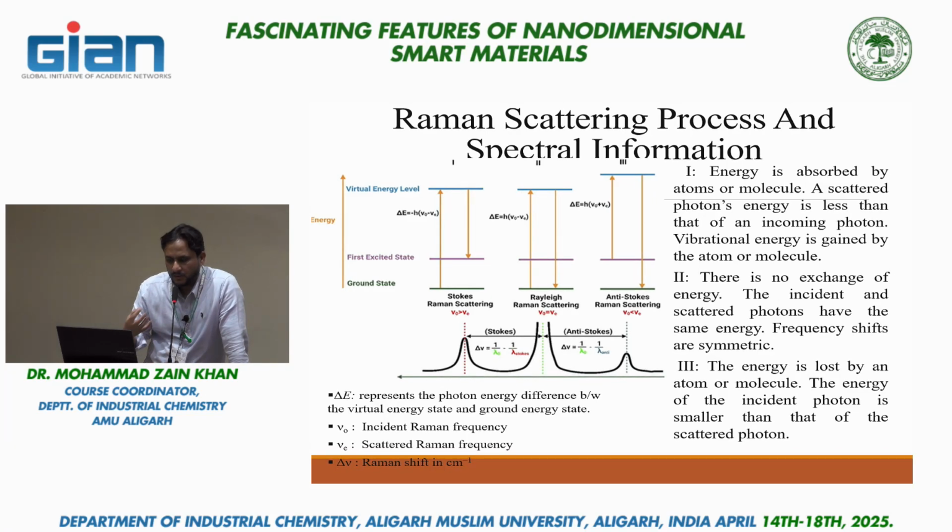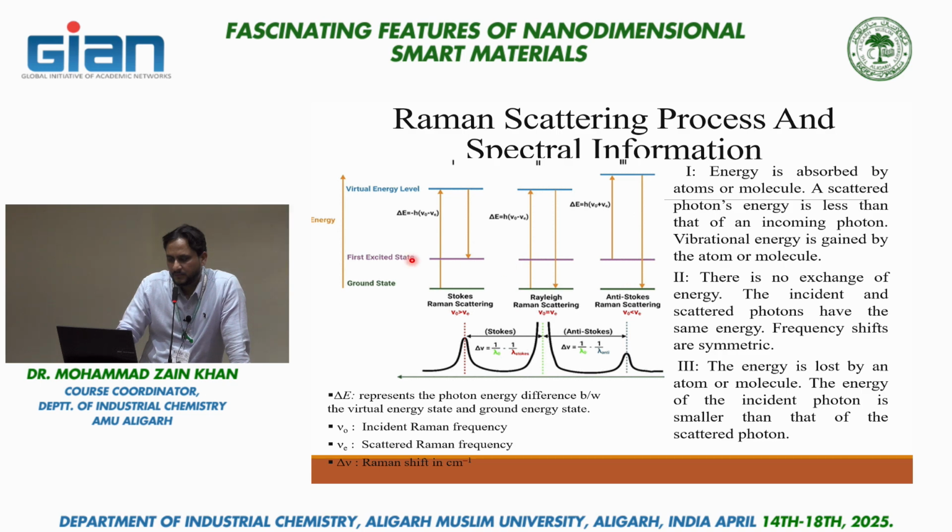So the Raman spectrum, you can see, if you see the middle, this excitation and relaxation, here you can see the distance, the energy levels are the same. This shows Rayleigh scattering, which is an elastic scattering, no change in the energy of the photon.